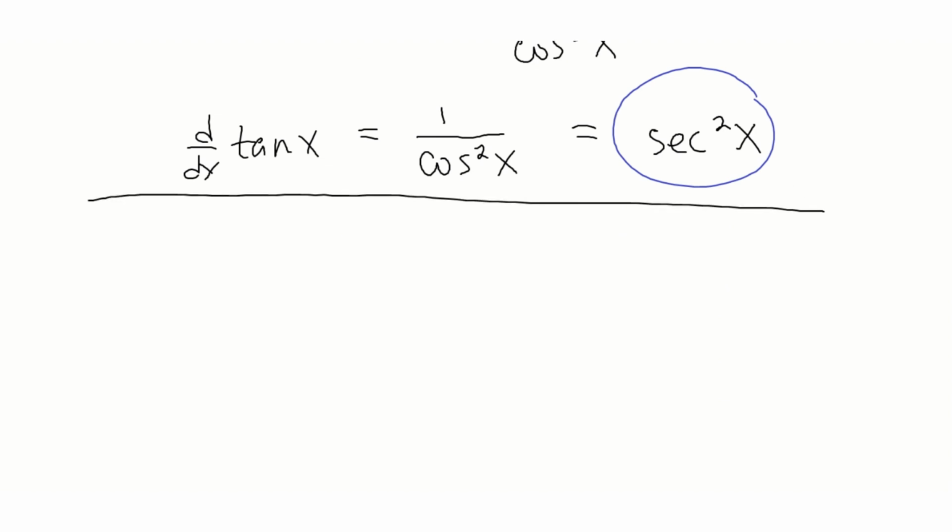We can do the same thing for cotangent. Rewrite as cosine over sine. Apply the quotient rule.